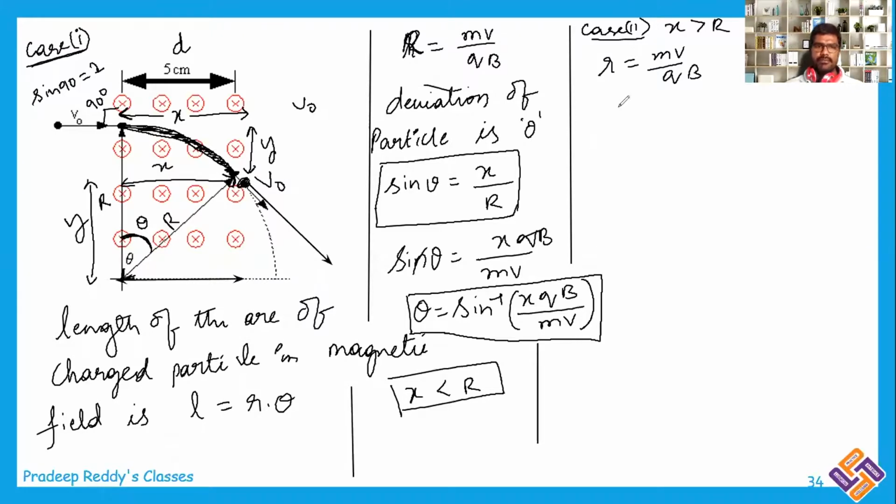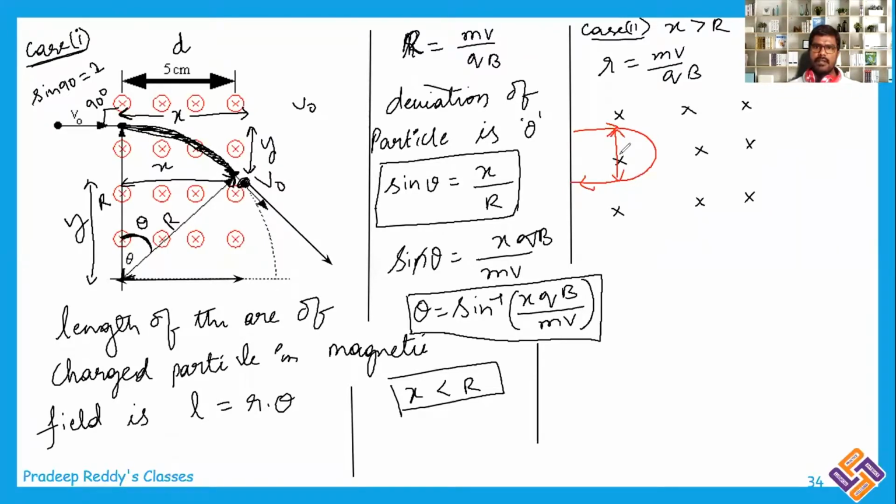If the magnetic field extent is greater than r, the charged particle enters the magnetic field and takes one semicircular path and comes out like this.